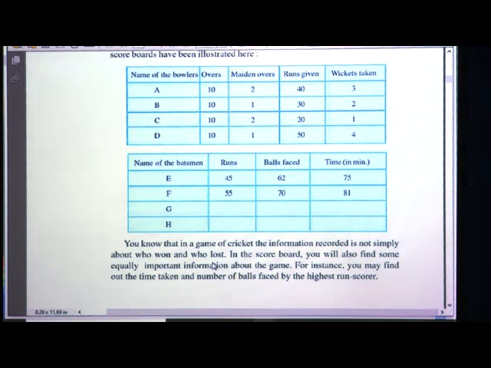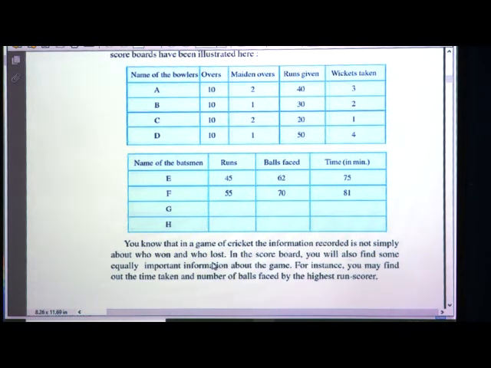You like cricket. I think most of you are fans of cricket. You like to watch it. So you also know that the information recording is not simply about who has won the match or who has lost the match. It is about giving the information about each batsman, each bowler, everything.